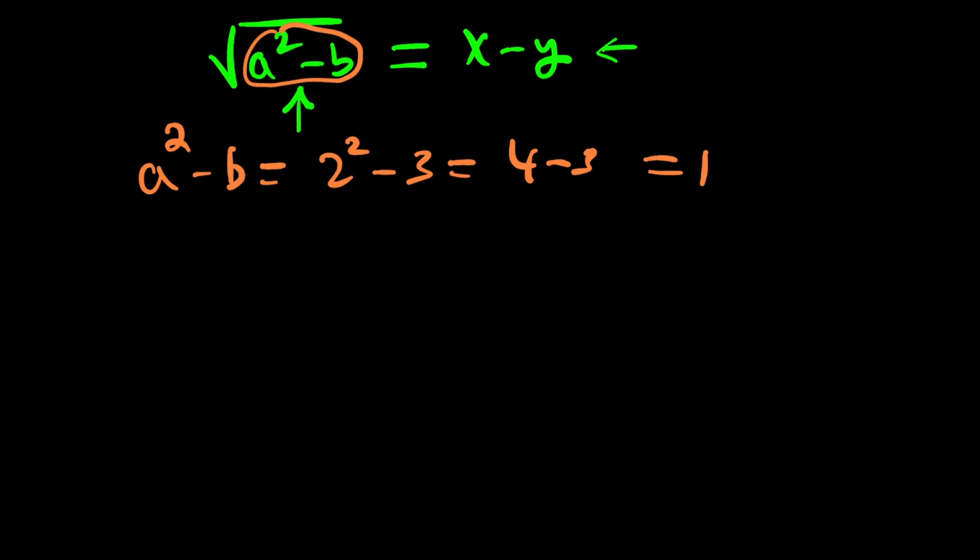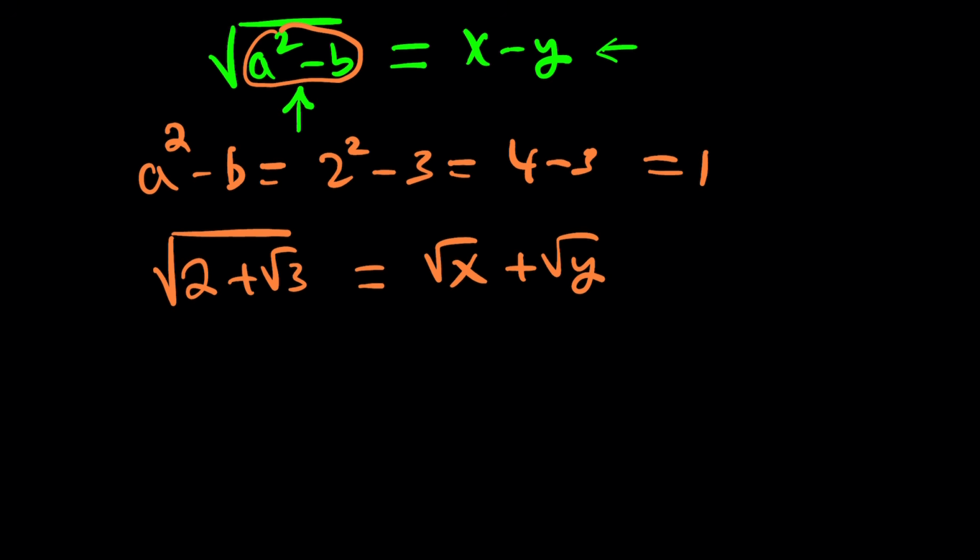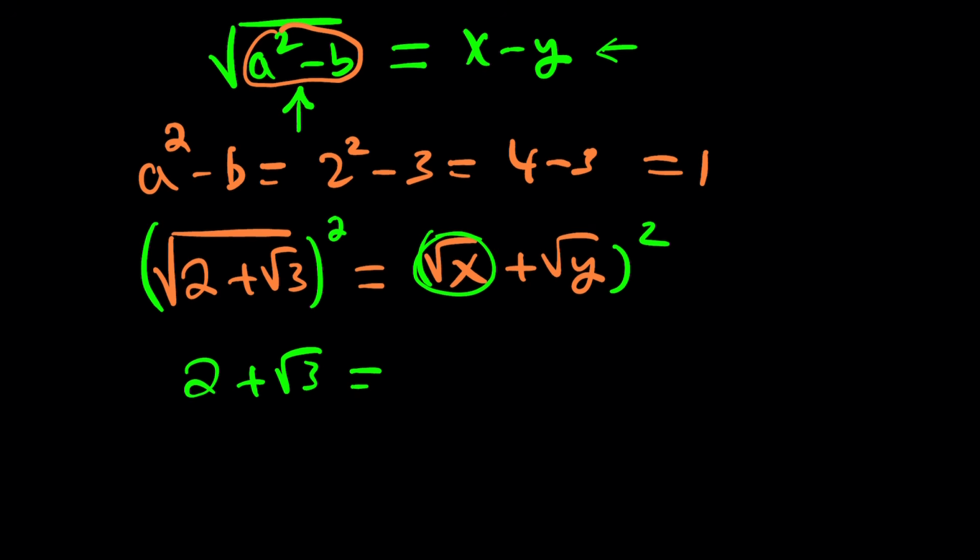It means that I'm going to assume that the square root of 2 plus root 3 can be written as square root of x plus square root of y. Now, if you write it that way, and square both sides, you should get something like this. You're going to get 2 plus root 3. On the right-hand side, you're going to get x plus y, and then 2 times the square root of xy.